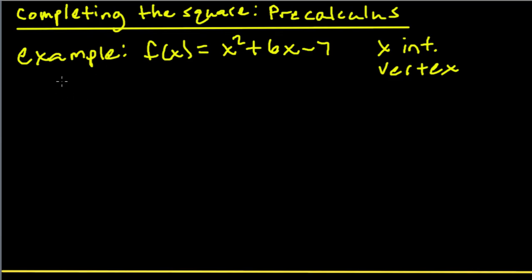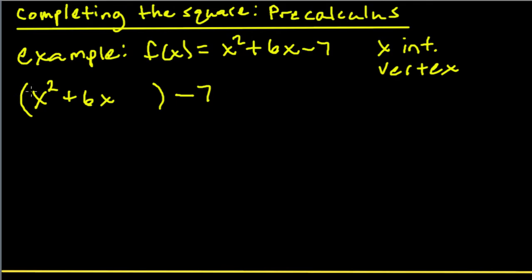So first, what I like to do is take everything with an x and isolate it in parentheses, leave a little bit of space, and put the term without the x on the outside of the parentheses.